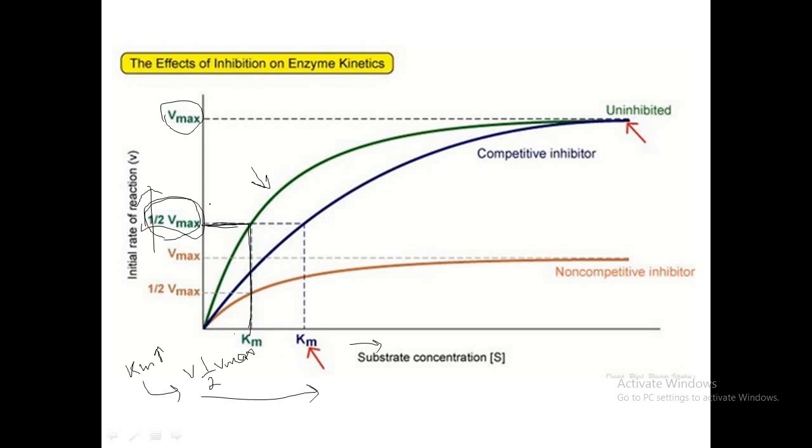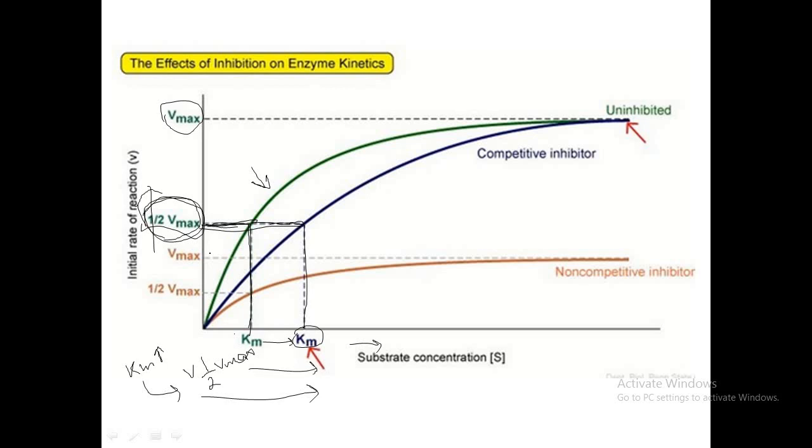If you bring this half of Vmax line to the curve of competitive inhibition and go down to the substrate concentration, which indicates the Km value, you will see that Km has increased from this to this. So Km is getting increased.